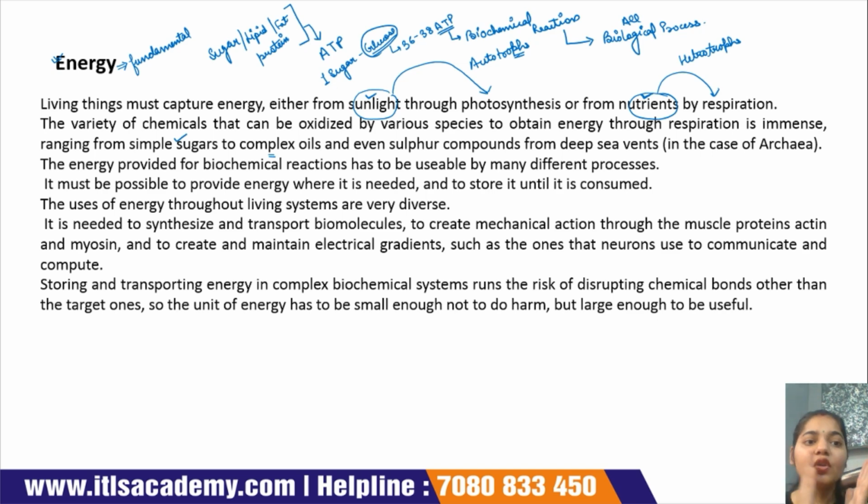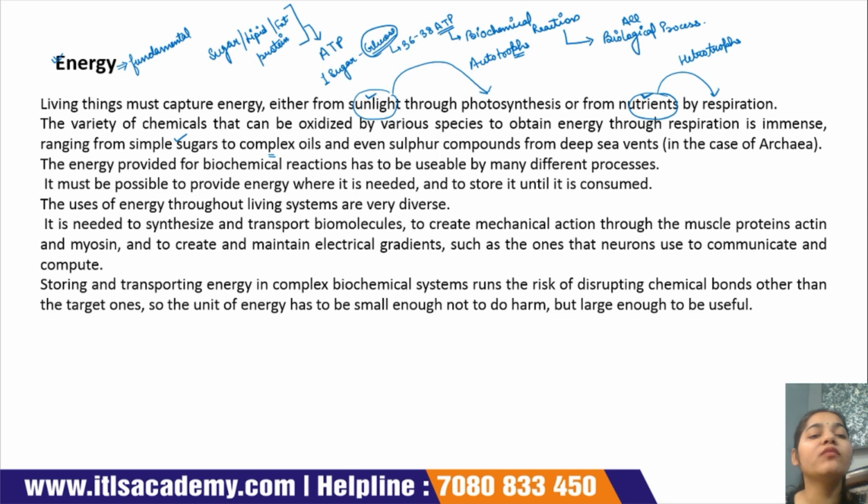What is energy? Energy is the fundamental requirement of life. We obtain energy from sunlight or from nutrients. Energy from sunlight is photosynthesis, and energy from nutrients is respiration. A variety of biochemical compounds such as sugar, lipid and protein are oxidized by the species to obtain energy.